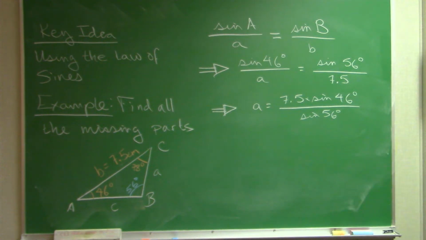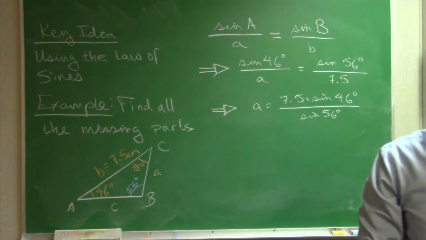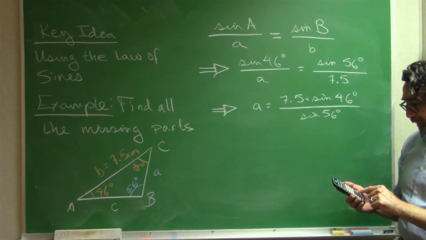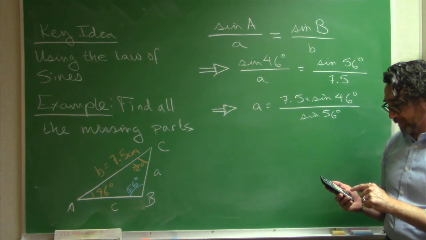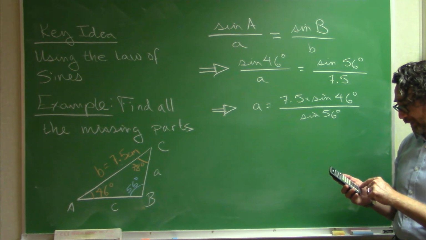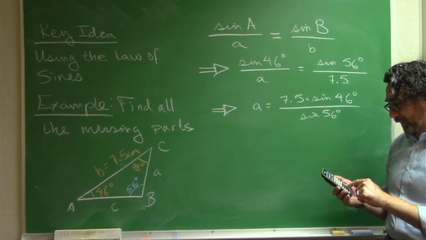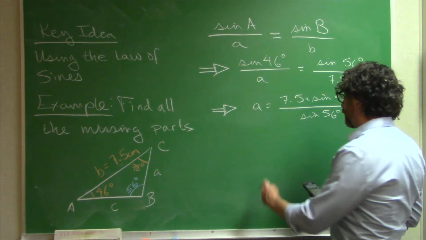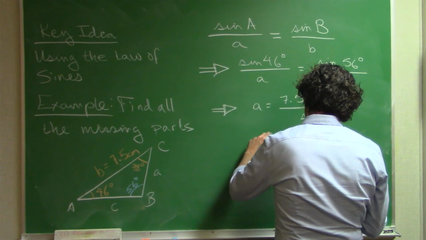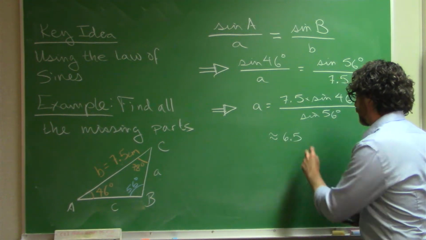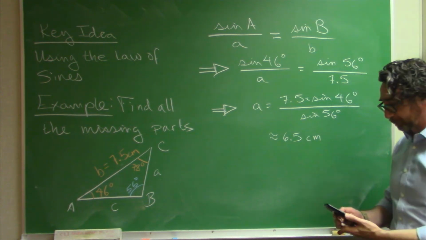Grab my calculator over here. Do the computation. 7.5 times 46 sine equals, divide by 56 sine equals, so I am getting 6.5, and that would of course be centimeters.